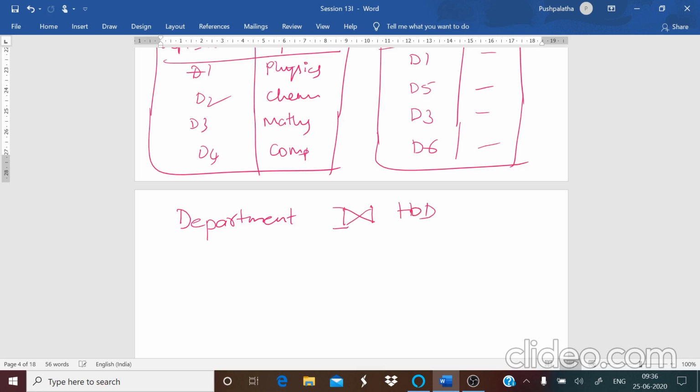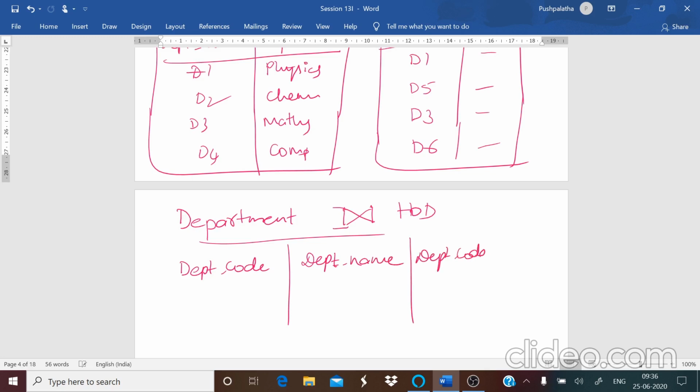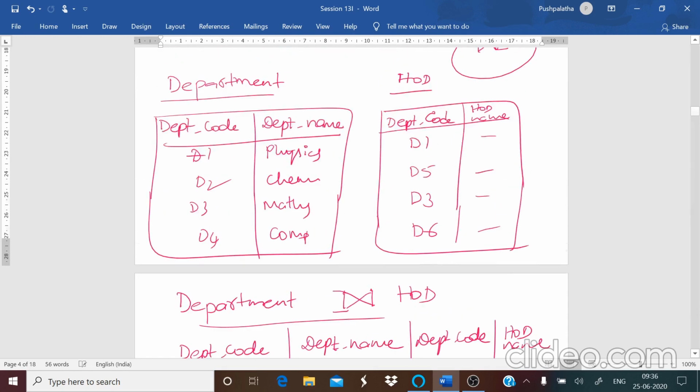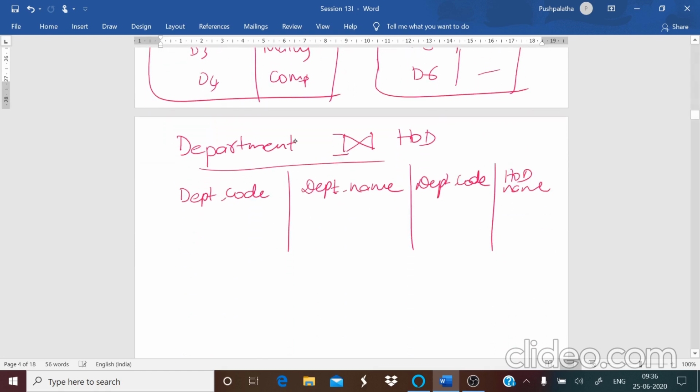If you give this, it will show you the department code, department name, again department code and HOD name. Now there are 4 columns here.